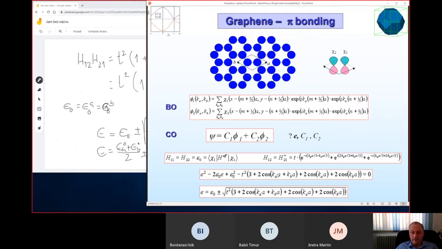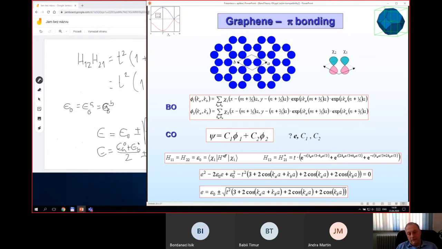And if we evaluate the determinant, we must obtain a real function, which is put equal to 0, and we again solve this quadratic equation, and we obtain this form of energies.